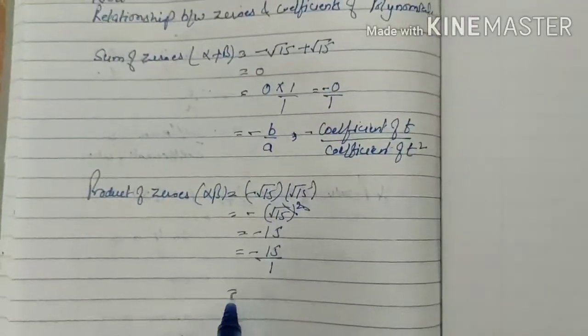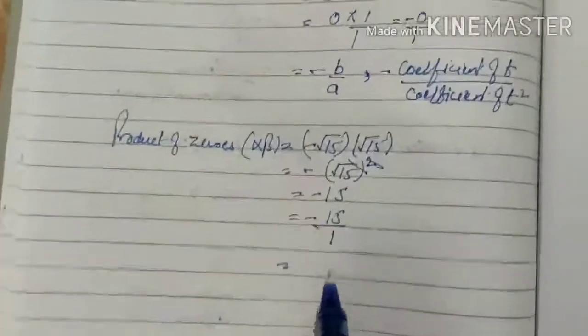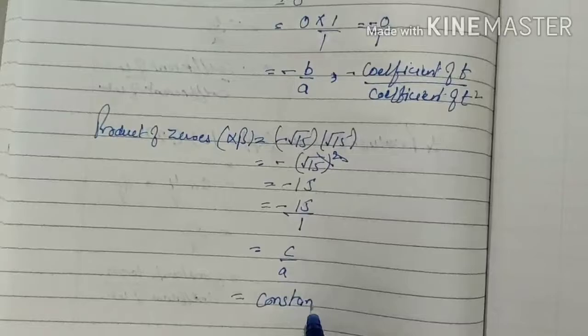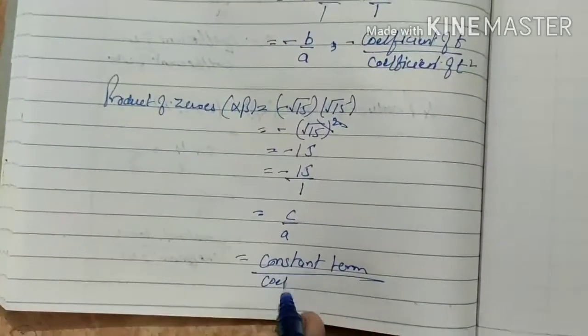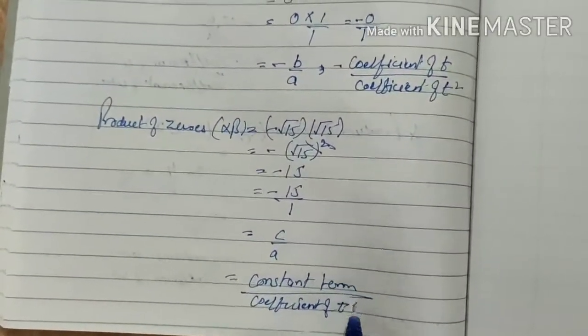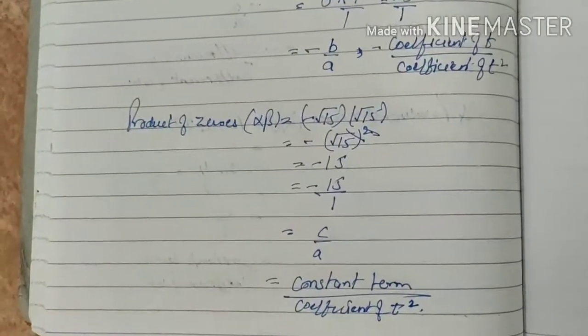And you can see from the given polynomial minus 15 as c. So this is c upon a, and c is the constant term. So this is constant term upon coefficient of t square. So this is all about part number 5. So pause the video and note it down.